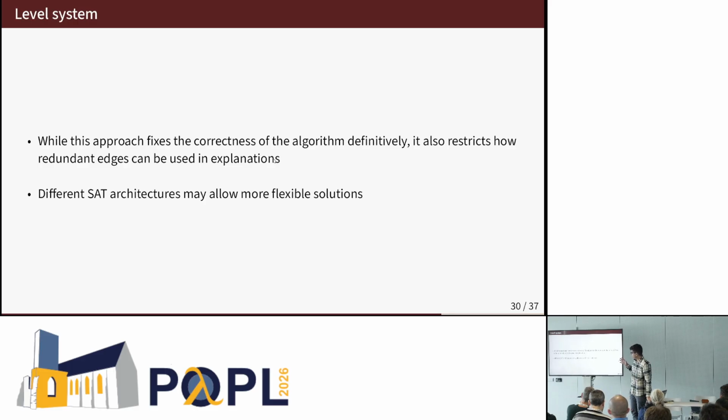This approach fixes perfectly the correctness issue that we had before. However, it is also quite restrictive in how we can use redundant edges in the proof. This is a problem, as we see in the evaluation section, but we think that a different architecture of the set solver can maybe allow more flexible solutions, because this is deeply linked into how the set solver keeps the asserted literals.